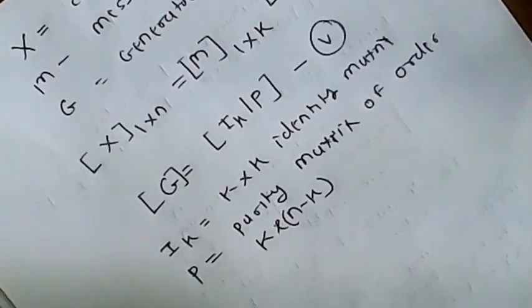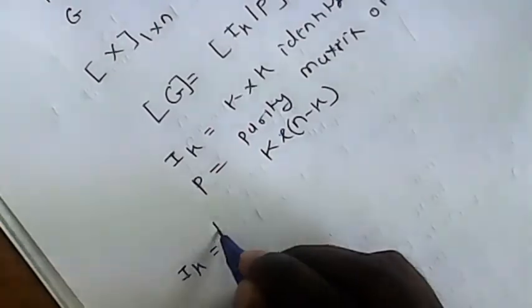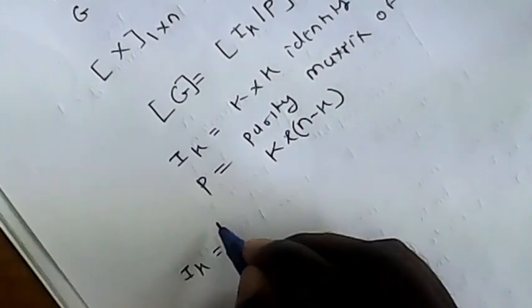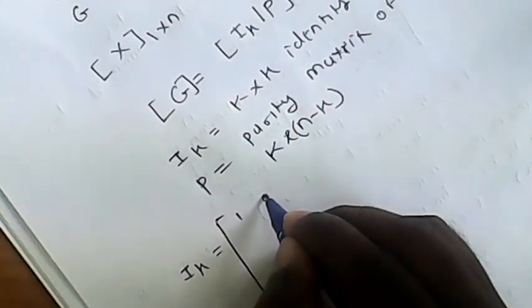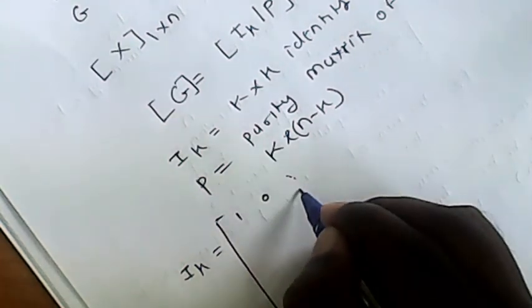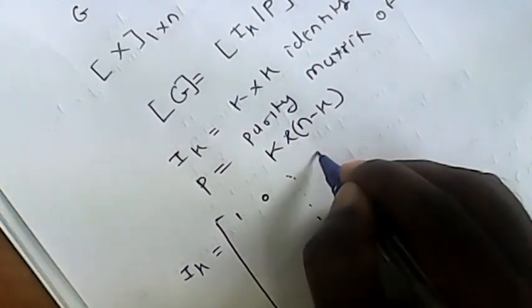So we can represent Ik in terms of the matrix, 1 0 0, 0 1 0, and so on up to k times.